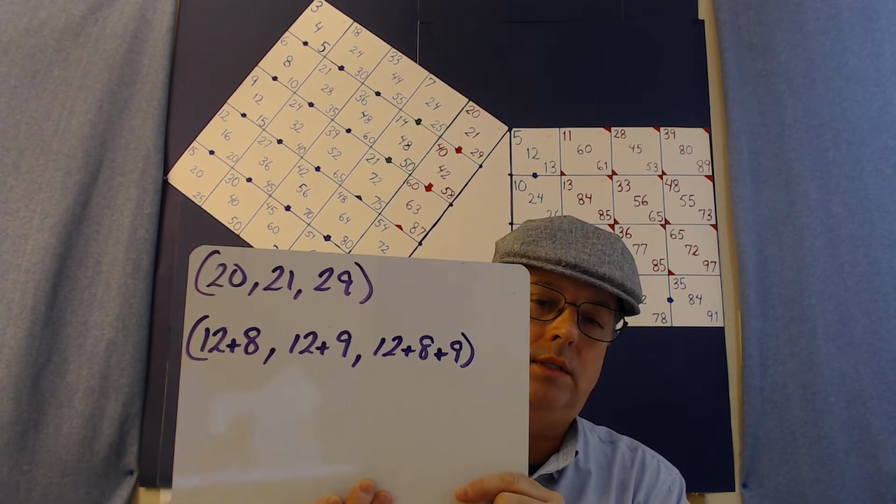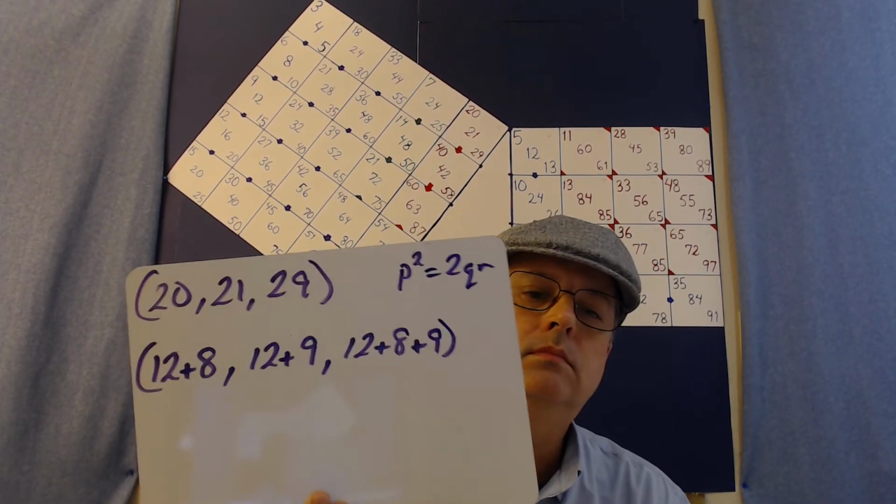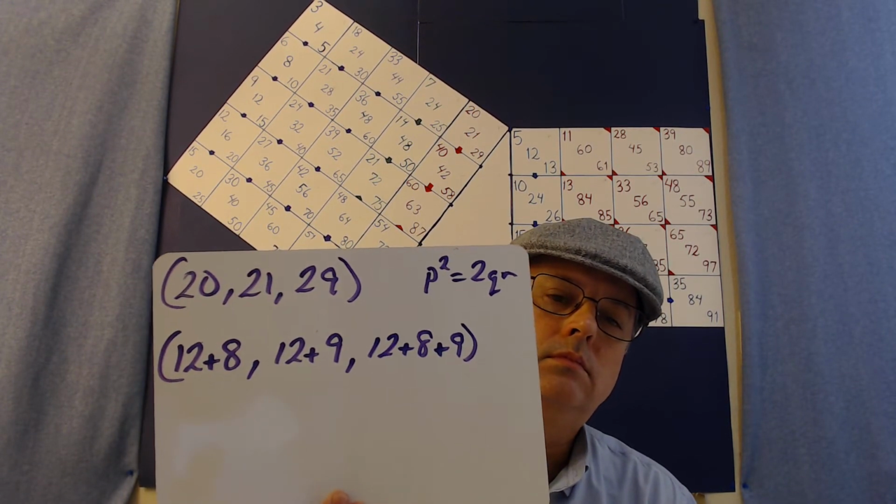And so we want to see if that gives us that p squared equals 2qr. Okay, and so then that would be 12 squared equals 2 times 8 times 9.